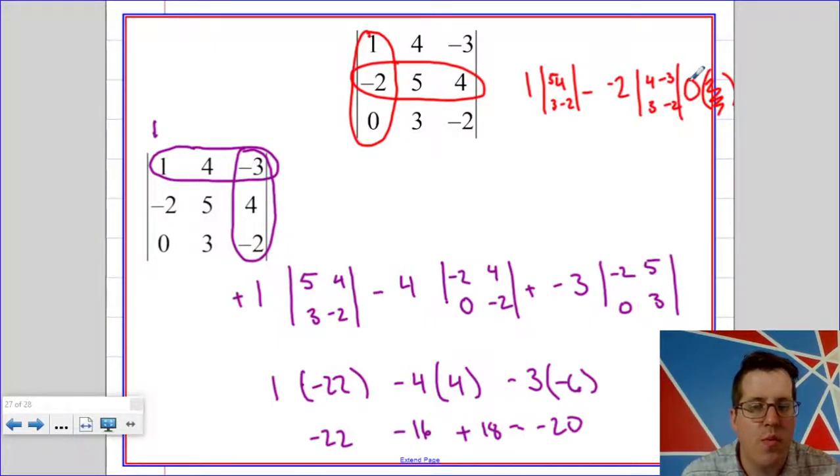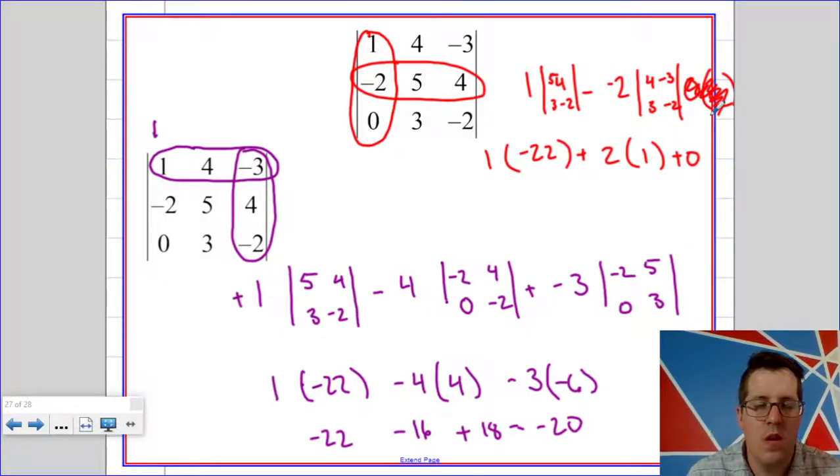And then remember, we had a 0 for the other one, so we're just ignoring that. So those small determinants are negative 22 and 1. So negative 22 plus 2 times 1, that's negative 20. And we can see that that gets us the same thing in any way.